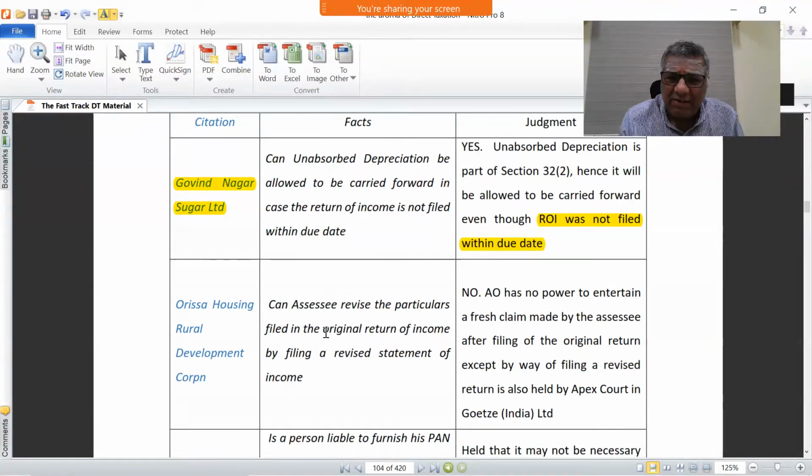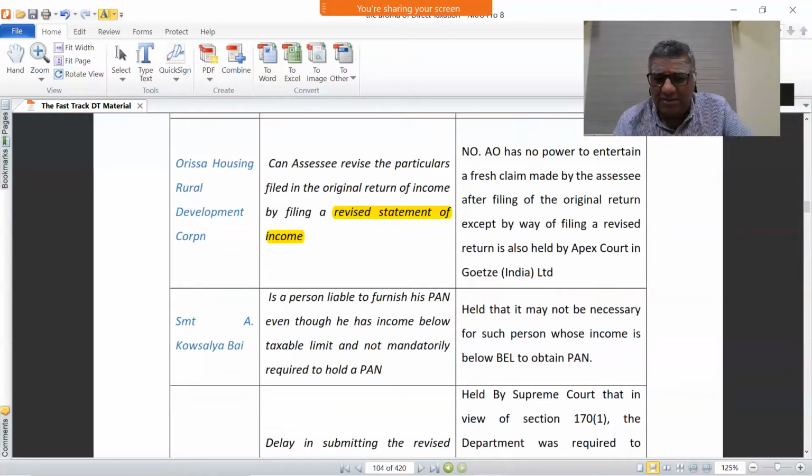Can the assessee revise the particulars of income by filing a revised statement of income directly to the assessing officer? No, no. Whatever I said in the return, please ignore. No. The AO, assessing officer, has no power to entertain a fresh claim made by the assessee after filing of the original return, except by filing of a revised return. You can only file a revised return. You cannot directly communicate to the AO saying consider this.